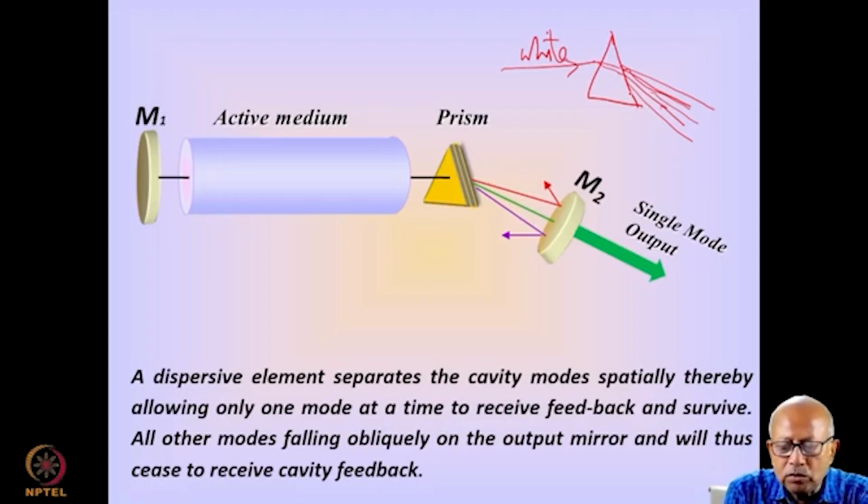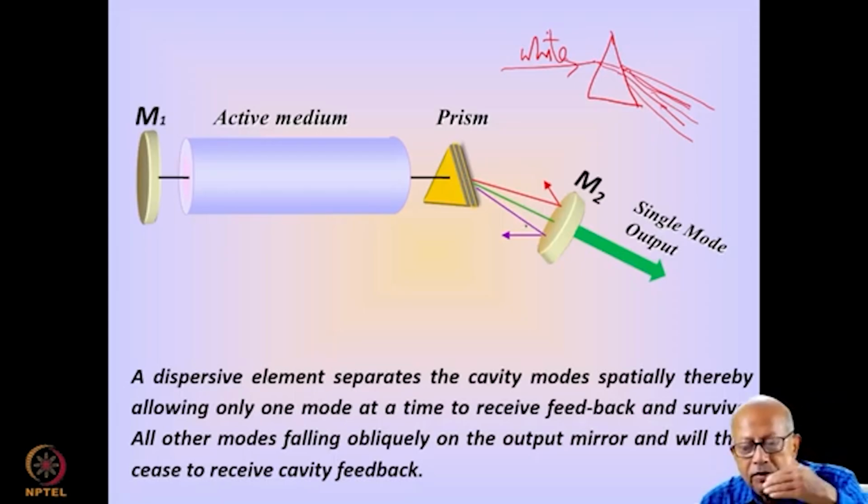Now these modes, when they shine on the prism, what will the prism do? Prism will split them into their constituent colors. Different modes have different wavelengths. So different wavelengths will travel from the prism in different directions. Let us assume that these are the 3 modes. So the prism will split the 3 modes at 3 different angles.